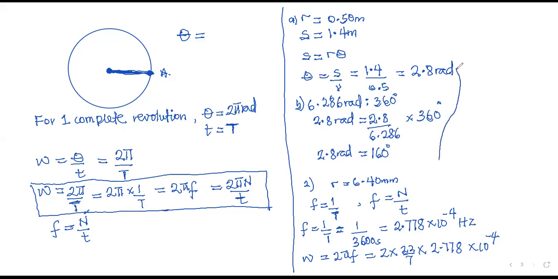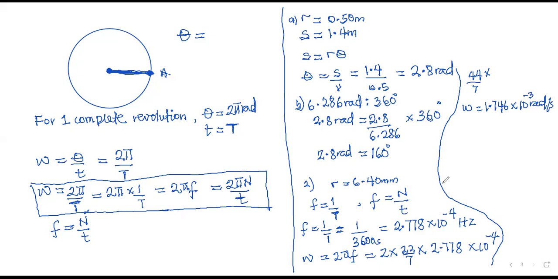Just put them together for me. I had 1.746 times 10 to the power negative 3.